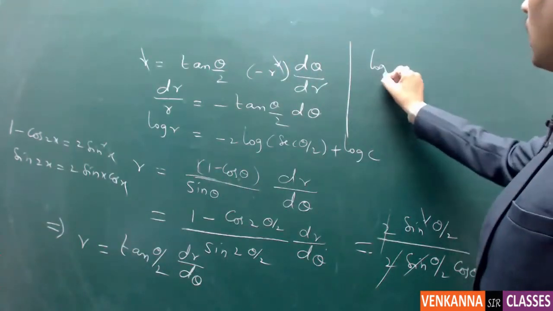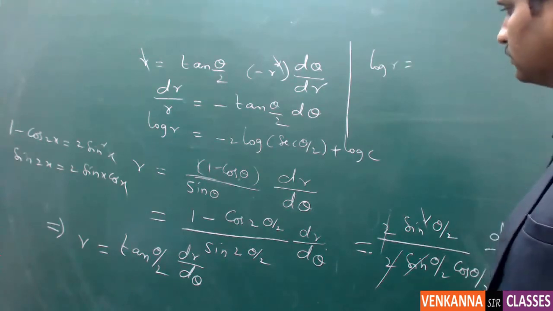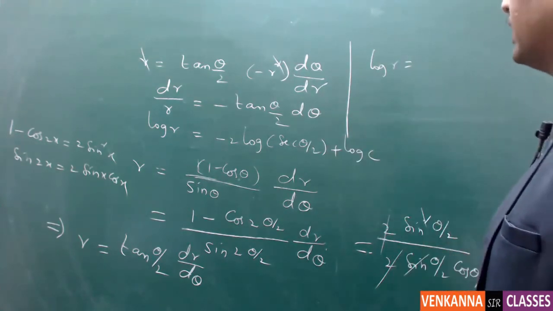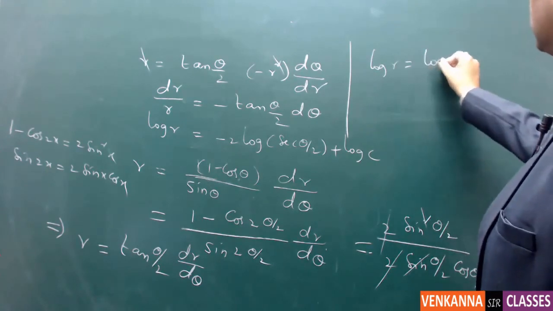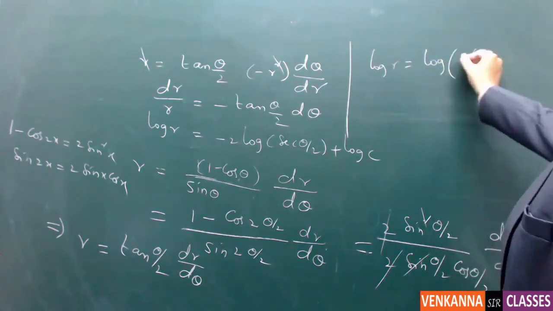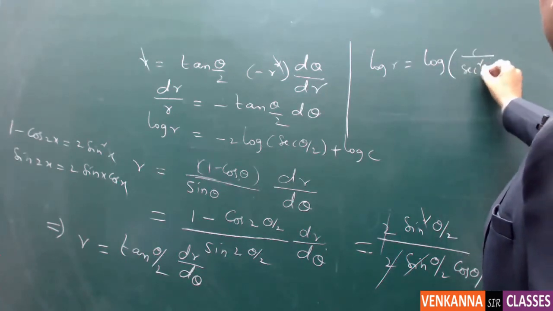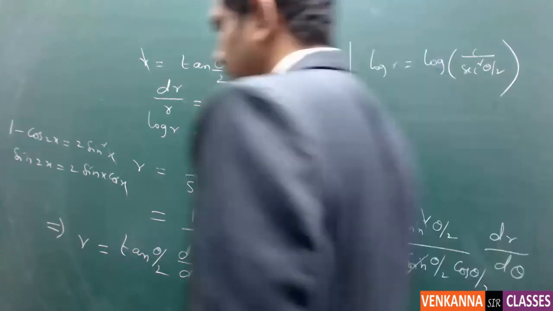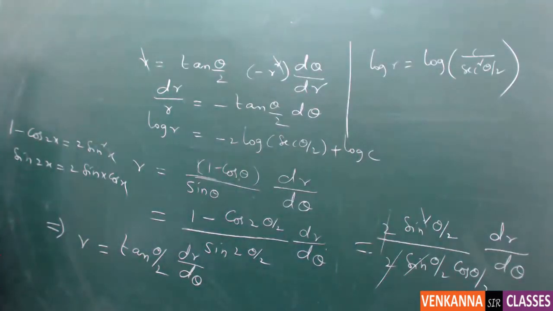So we have log r is equal to log of c by secant square theta by 2. Accepted. So there you can go for further simplification, cancelling logarithm on both sides and doing the other part. However, if we have done up to that, the answer is valid and marks will be awarded. Okay.